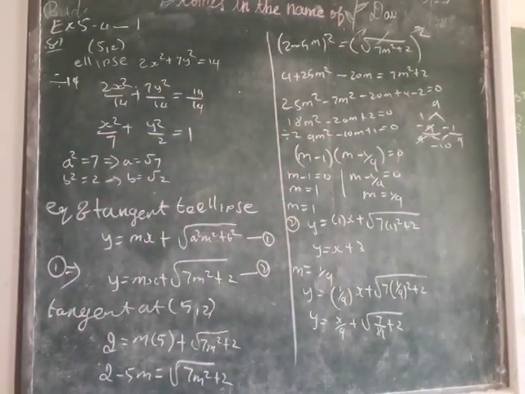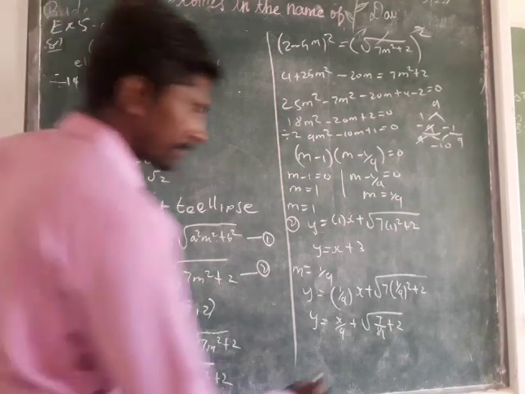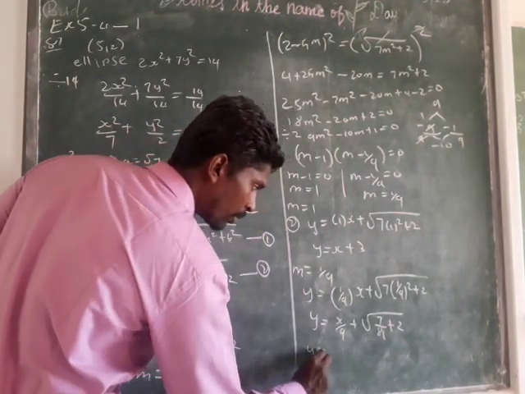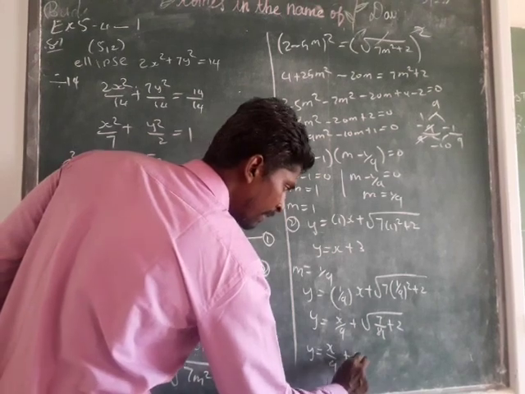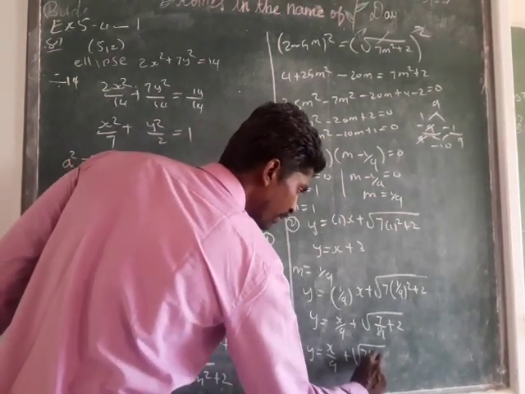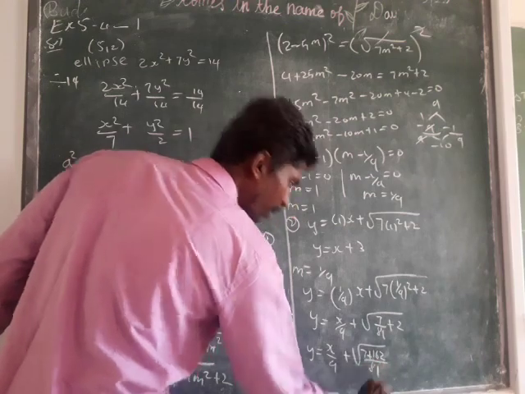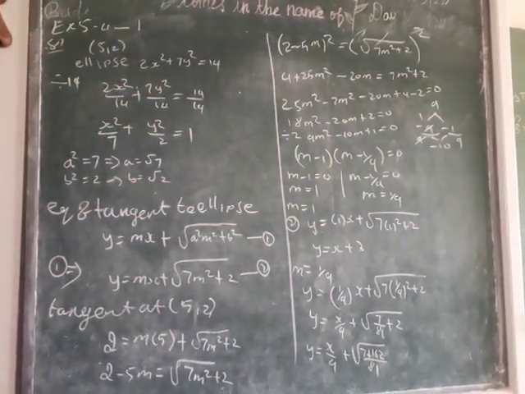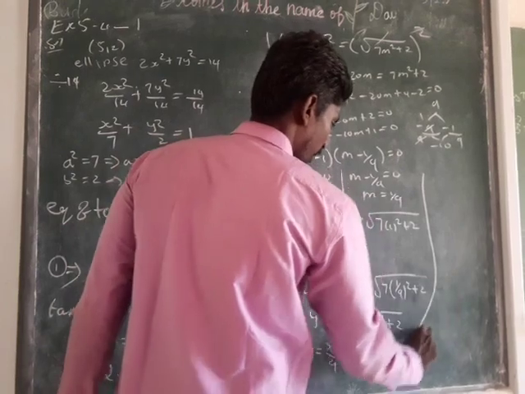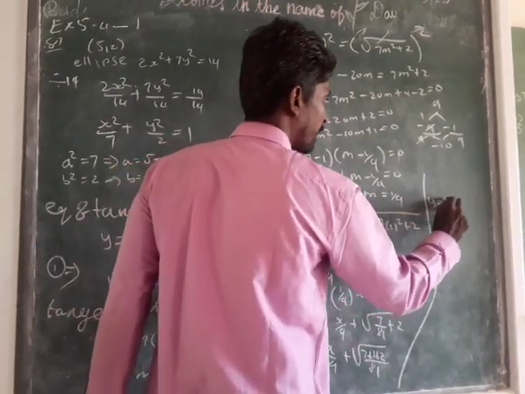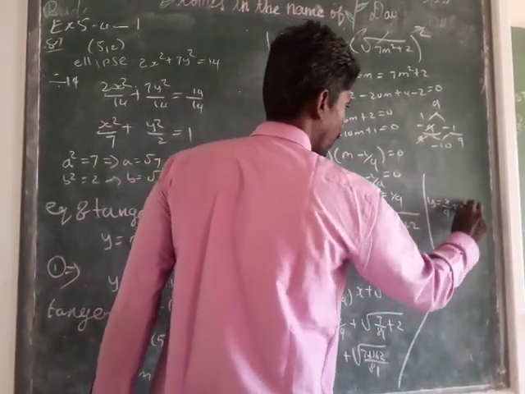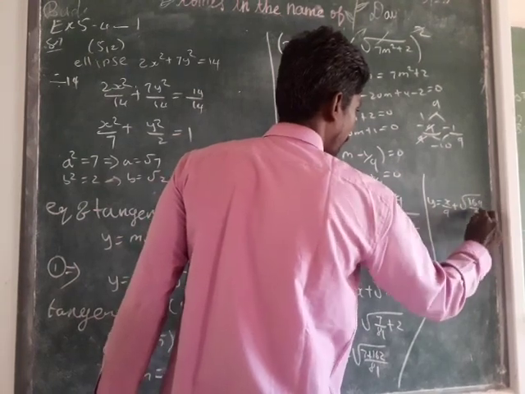Then cross multiply: 7 plus 162 by 81 becomes 169 by 81. So y equals x by 9 plus square root of 169 by 81.